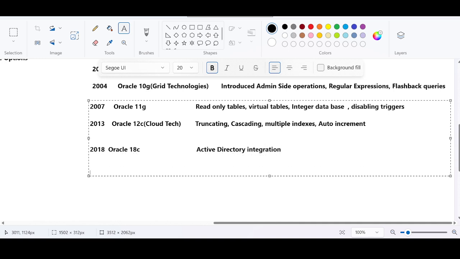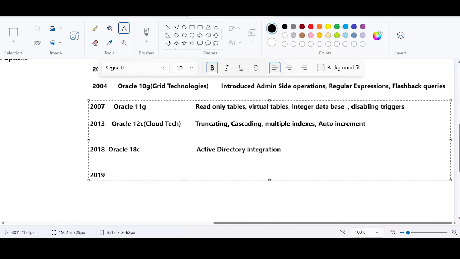Then Oracle 19c, in 2019. Here you have concepts like Active Data Guard and DML redirection. There are so many concepts, such as automatic index creation and SQL queries on object stores. We are going to cover everything up to Oracle 19c.